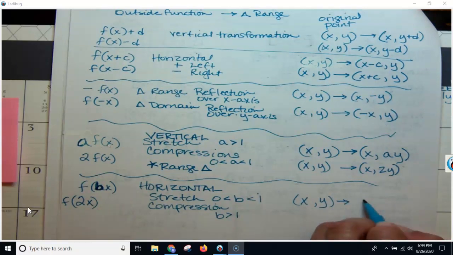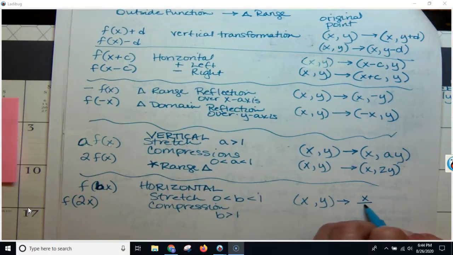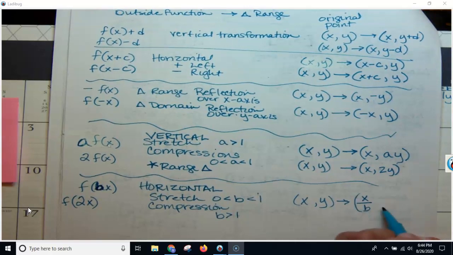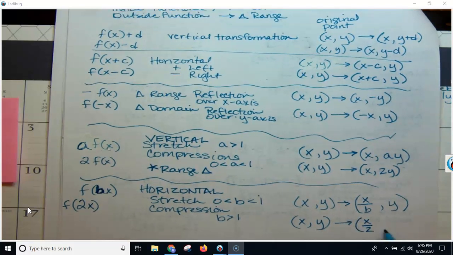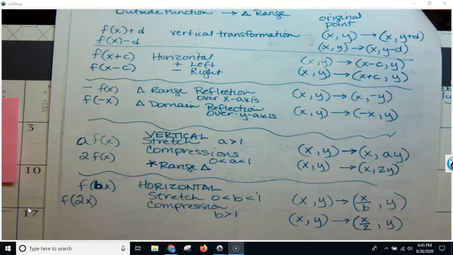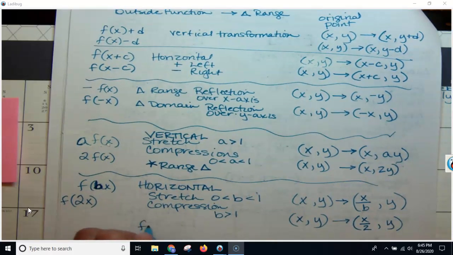We are actually going to divide by b. So basically that would be, for an example in this situation, x, y would become x divided by 2, y.